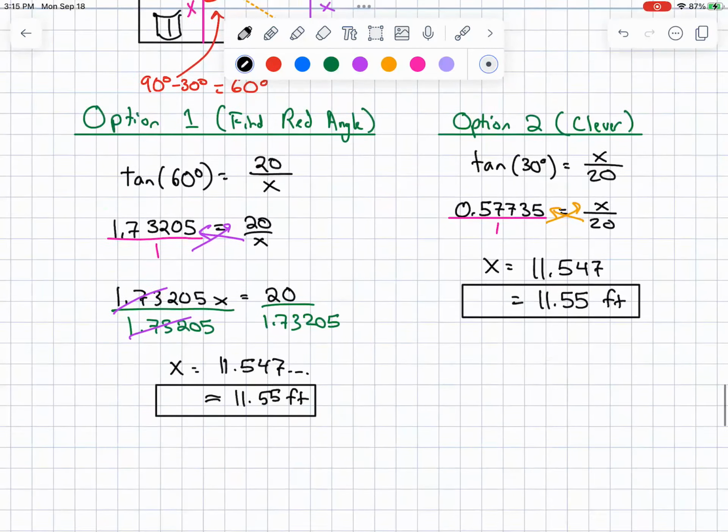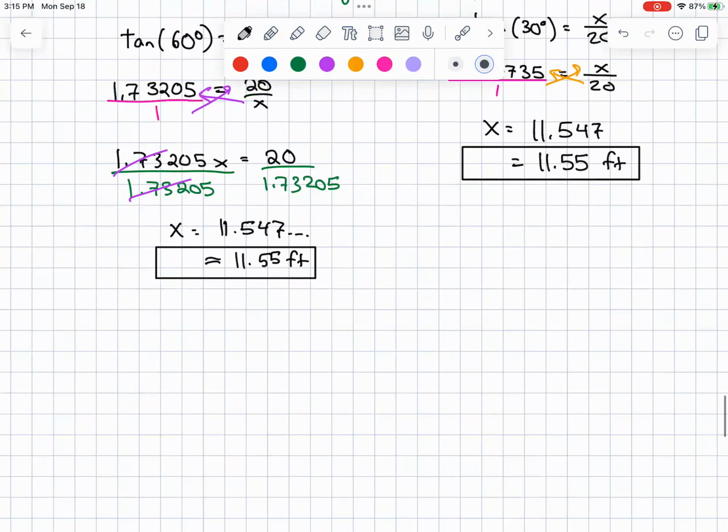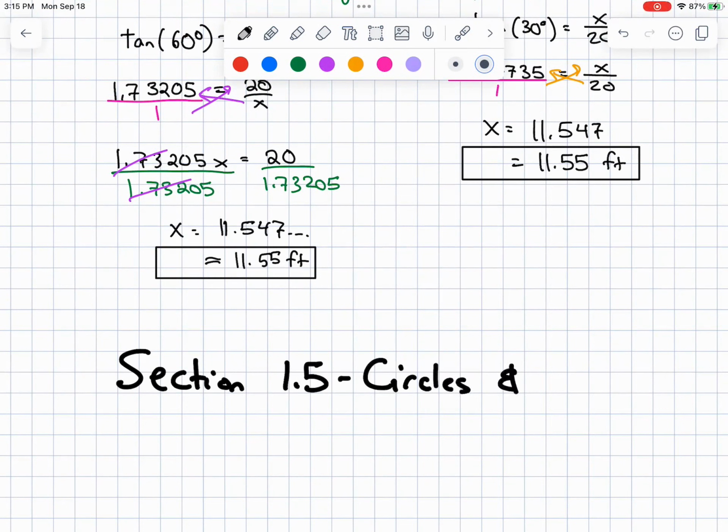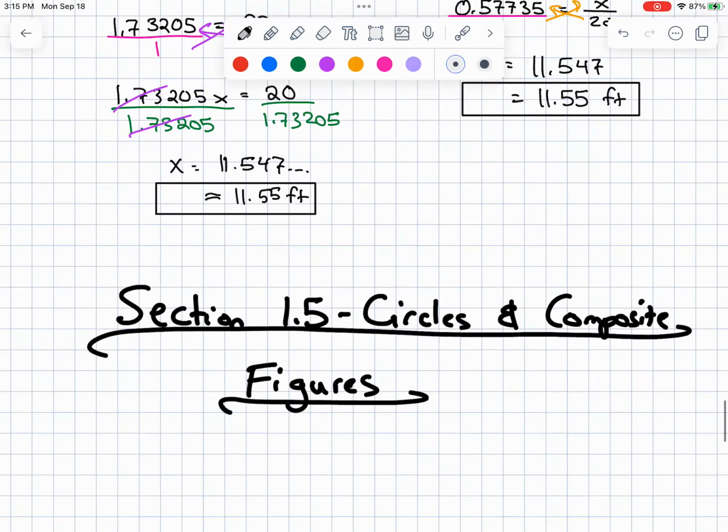Okay, so we'll start off section 1.5, which is circles and composite figures.